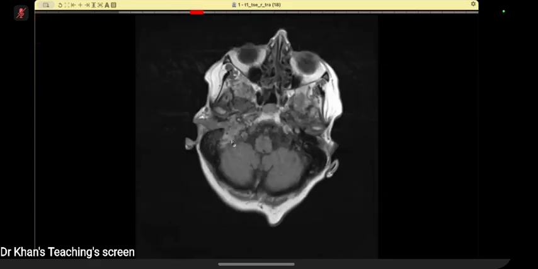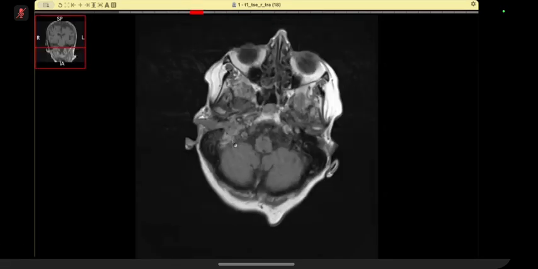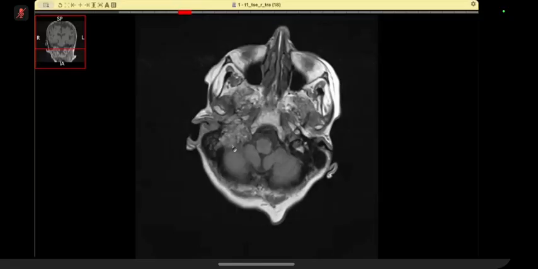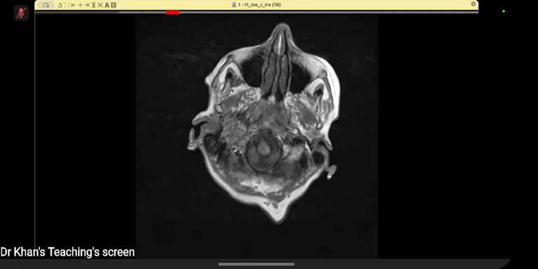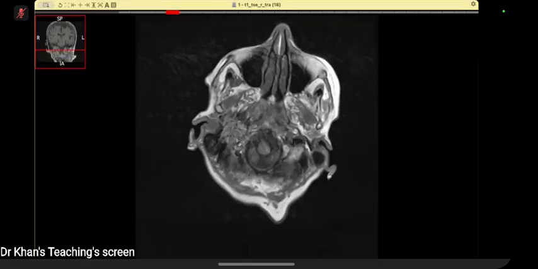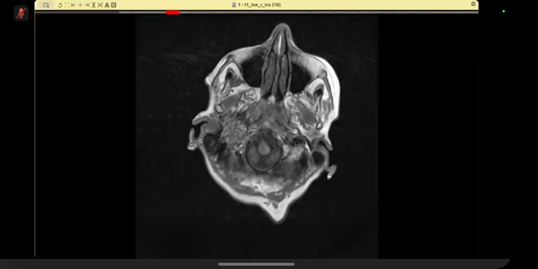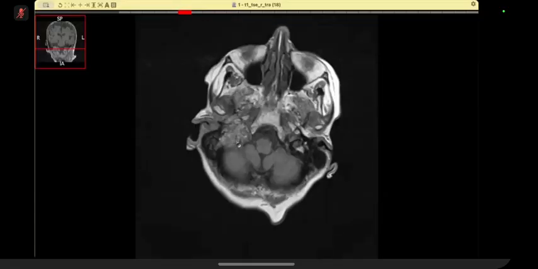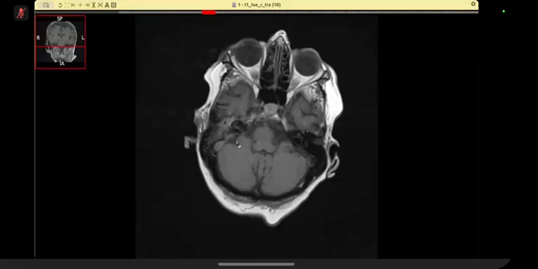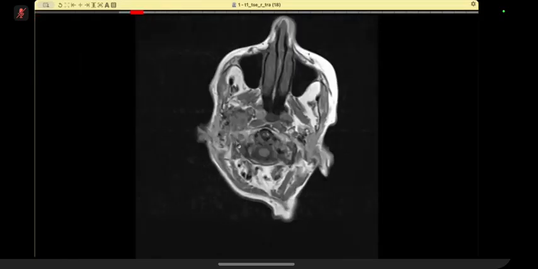Here I can see again the soft tissue mass, which is predominantly hyper to isointense on the T1 and giving some flow void appearances. These are characteristic of the salt and pepper appearance seen in glomus jugulare. I would like to compare with any previous imaging if available, and with the clinical symptoms.